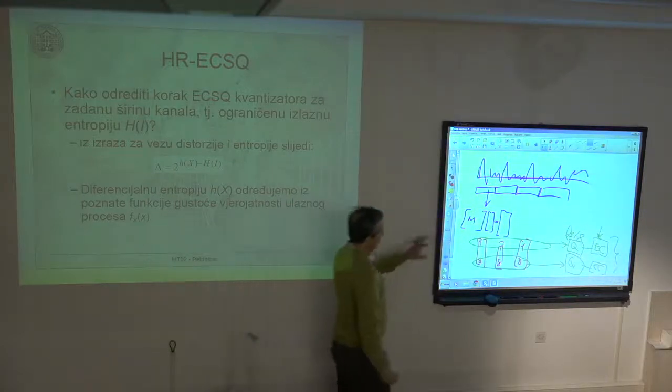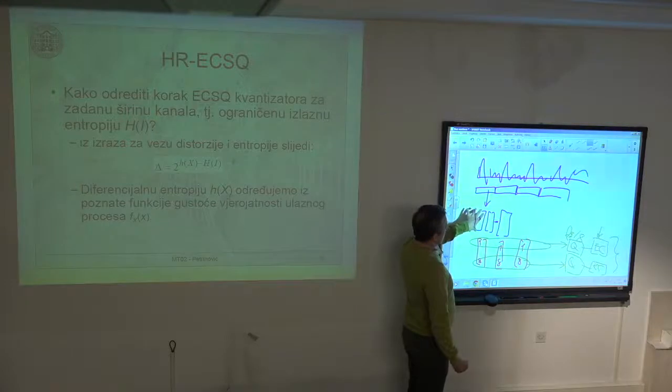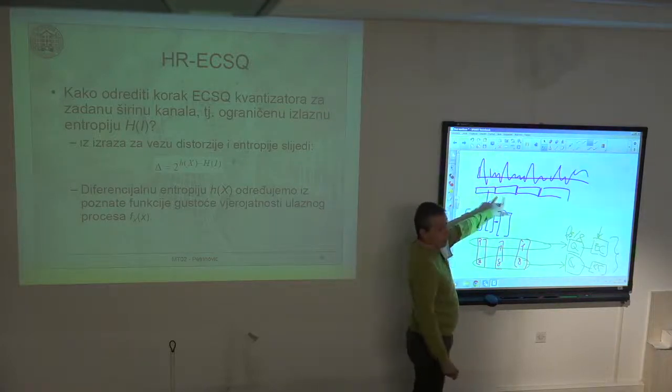So the effect of this transformation is such that the energy is concentrated into only a small number of coefficients. Here, this energy is equally distributed through all 8 time samples.